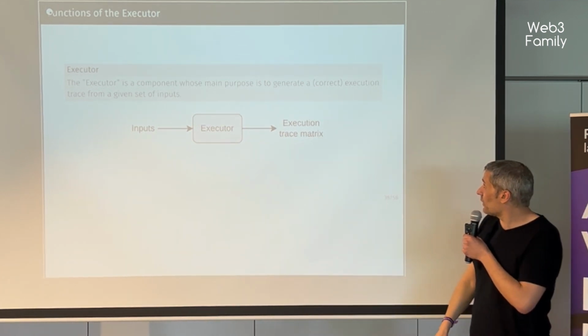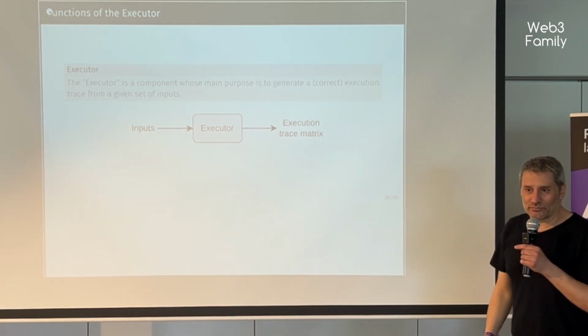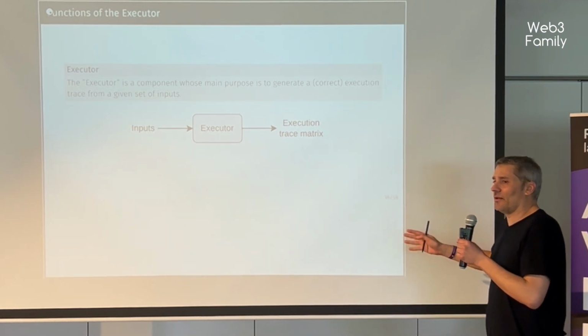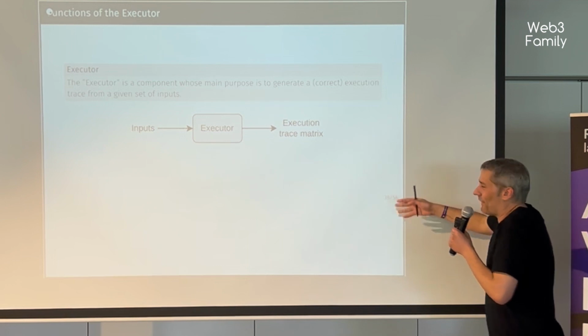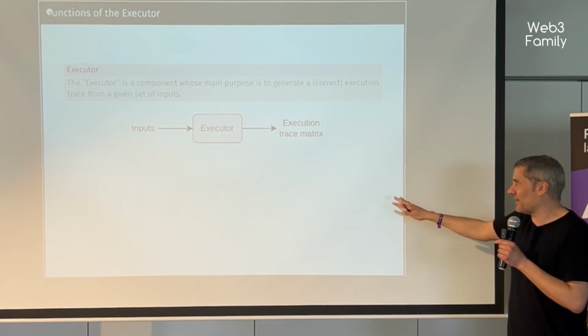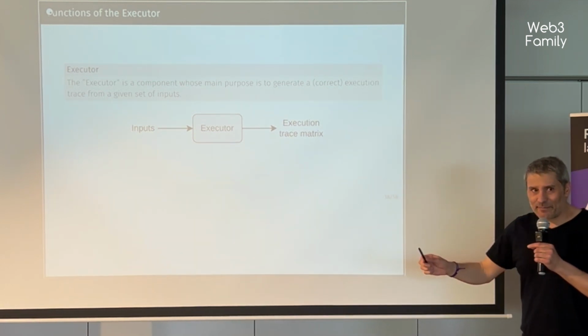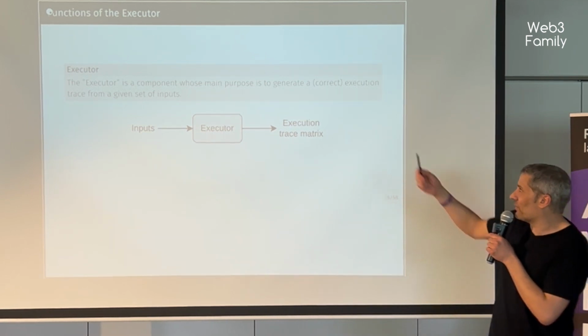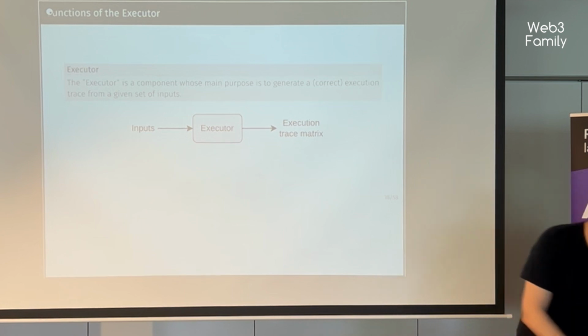When you have a matrix, you still don't have a proof. We have to do things over this matrix. But the first step is to get a correct matrix, and then we will need to prove that the matrix is correct.